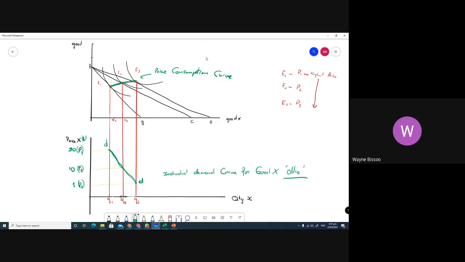So at $20, Q1 might have been, let's say, 6 quantities of X. At $10, the person decided, okay, I can consume 12, and at $5 now they're going up to 20. So you'd see that the quantities being consumed is changing as a result. And what we see is the same downward sloping curve from left to right that was similar to the marginal utility downward sloping curve. You all remember that one?